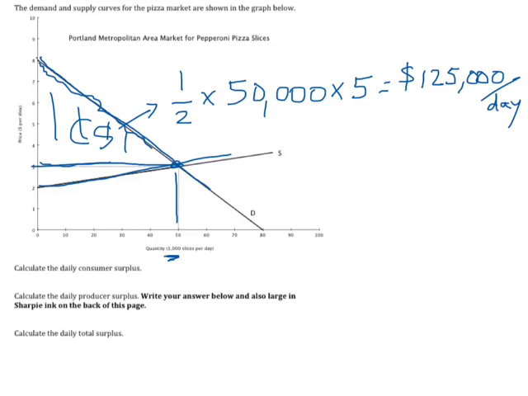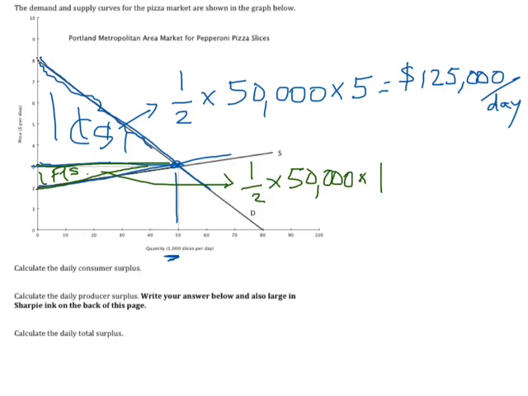Now, producer surplus is a little bit smaller. Let me go ahead and change the color just to add some variety here. Producer surplus, remember, is always the area below the price line and above the supply curve. So it's this little triangle here. Producer surplus. It's hard for me to write that small with this stylus. And if we want to calculate that numerically, which the problem asks us to do, it's again 1/2 times base, which is 50,000, same, times height, which is just 1.